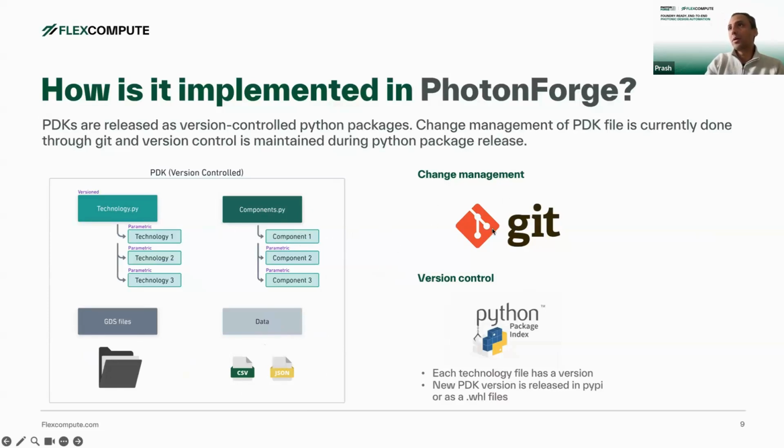And so the way we do version control and management of our PDKs is that all the files here, you do change management through Git, and then we do version control at the package level, meaning once the foundry PDK updates to a new version, we change things here, and then we release a new PDK version, and then a user would just pip install, let's say, SciEpic with a different version.